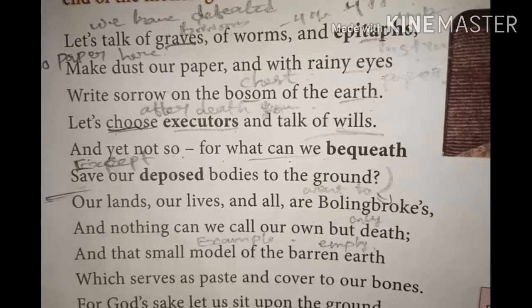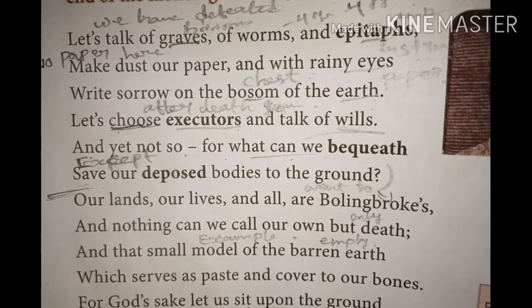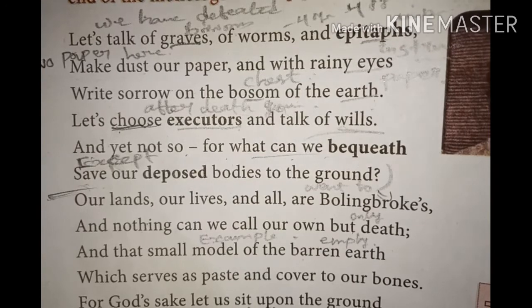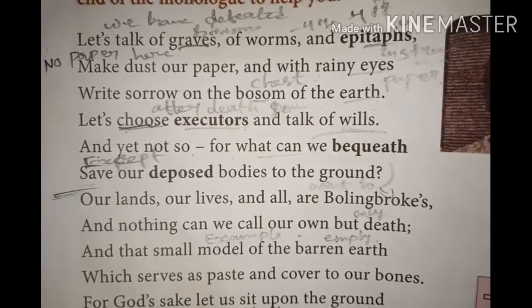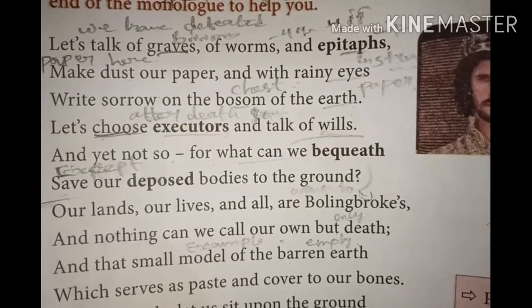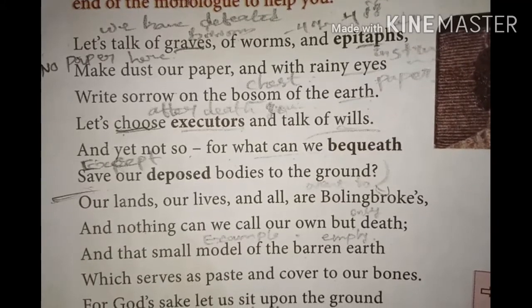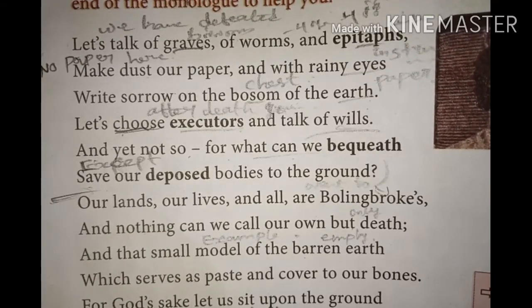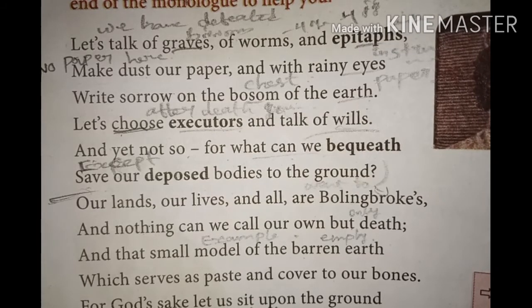Use the earth as paper, and make ink with the tears to write the inscription of the epitaphs. And you want to select the executors, you want to call the executors. Executors are the people who, after a person's death, write about the valuable things of the dying person.